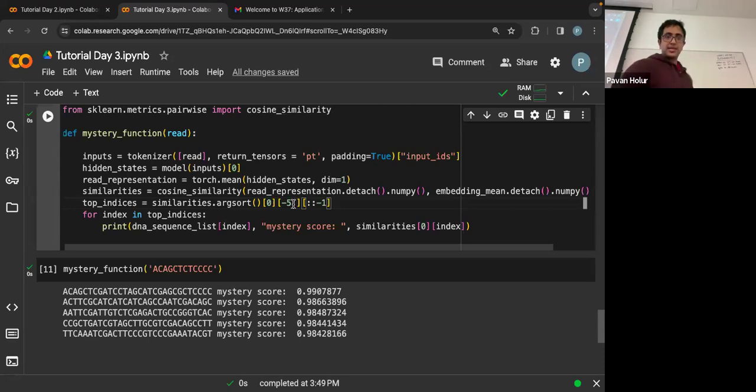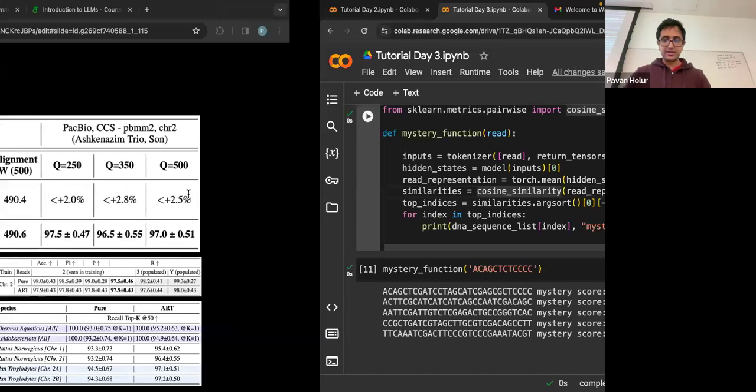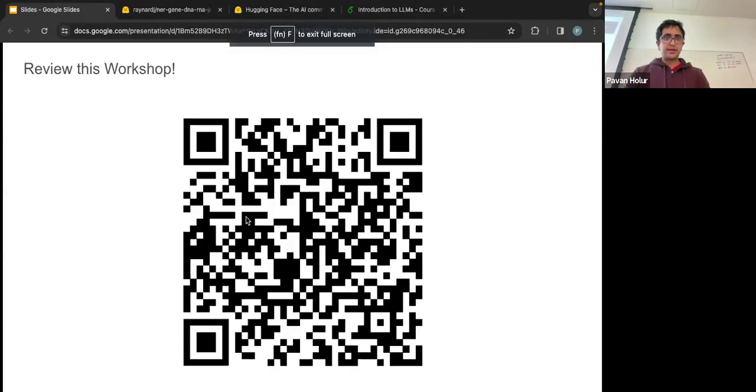Okay, so with that, I think we have reached the end of all the material I wanted to cover. The first thing Eloy has enforced me to do is to review this workshop by taking a QR code, and please provide constructive criticisms about the workshop and what you want to improve.